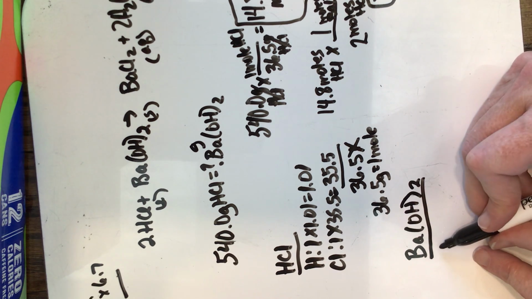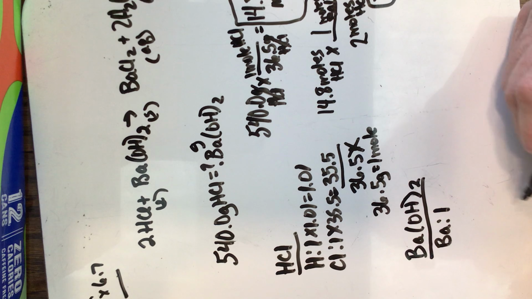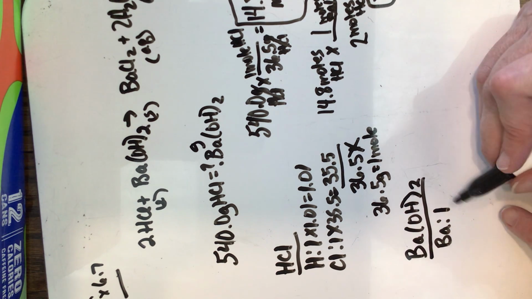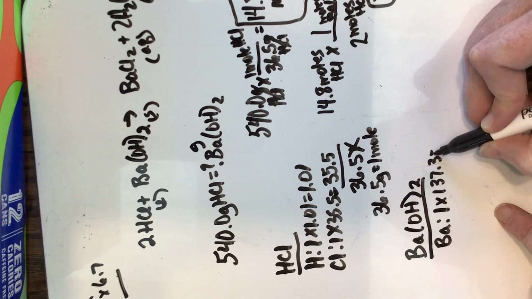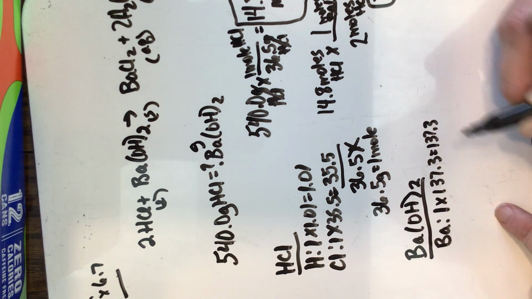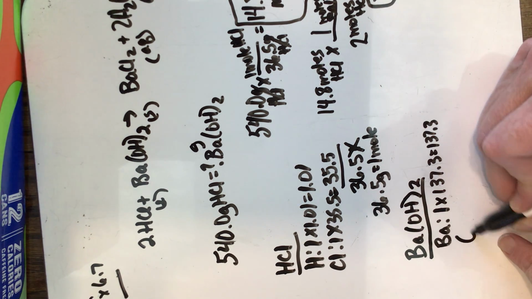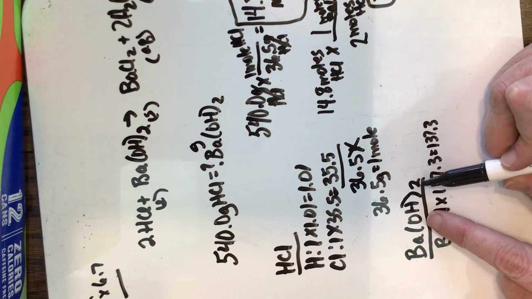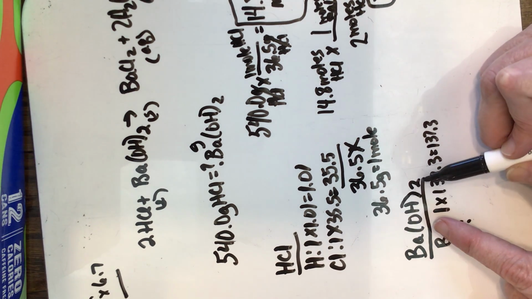So I want you to understand that we have 1 barium here, and I can go look up barium, and barium is 137.3. Then my oxygen, there are actually 2 here because these OH are kind of stuck together and it says we have 2 of them.